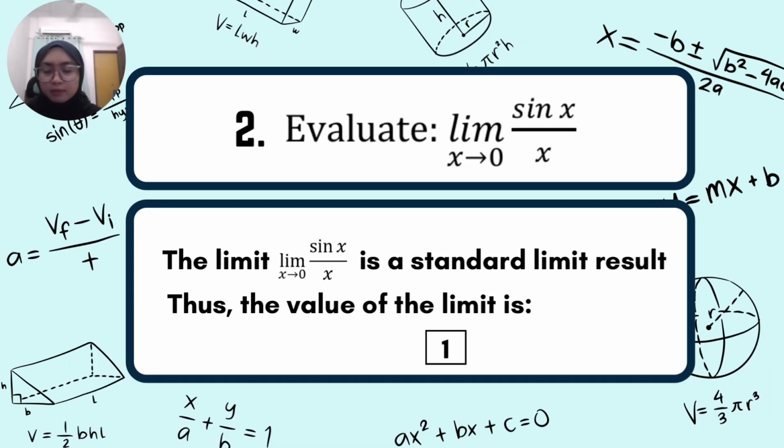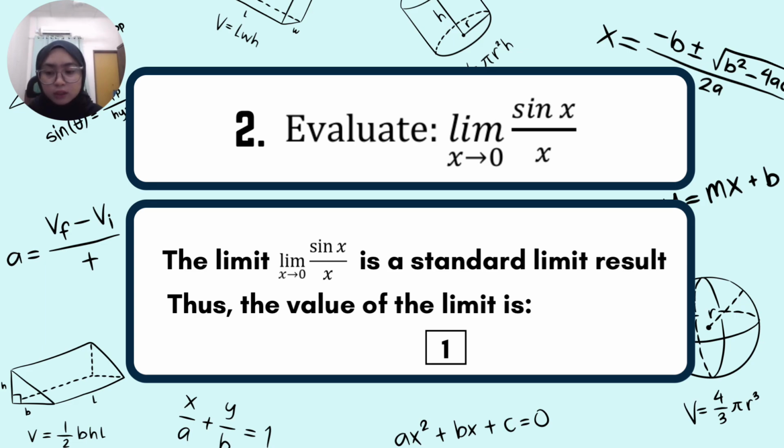Question 2. Evaluate the limit as x approaches 0 of sin x over x. If we attempt direct substitution x equals 0, we get the indeterminate form 0 over 0. However, this particular limit is a standard fundamental trigonometric limit result.